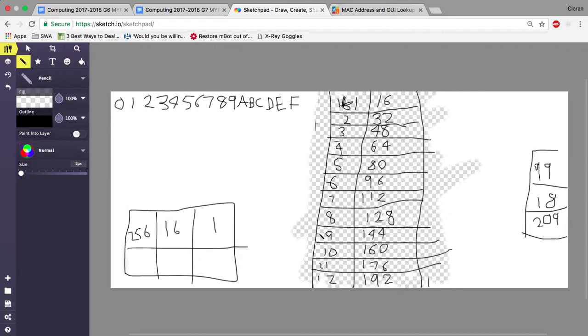Now, let's work out 99. So, when you get the number 99, the first thing you want to do is work out how many 16s are in 99. And you can see there are 6.